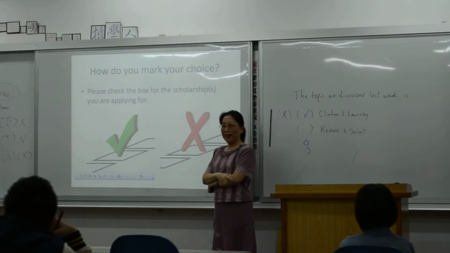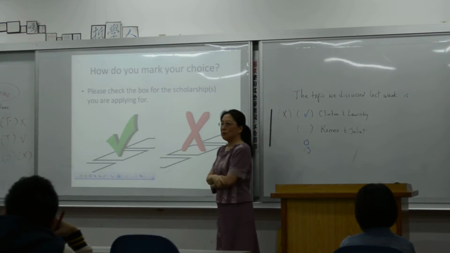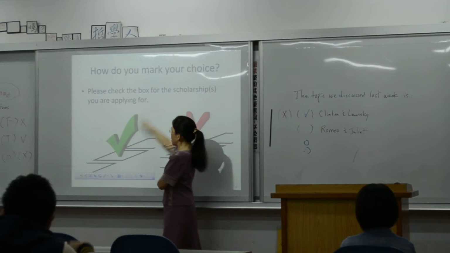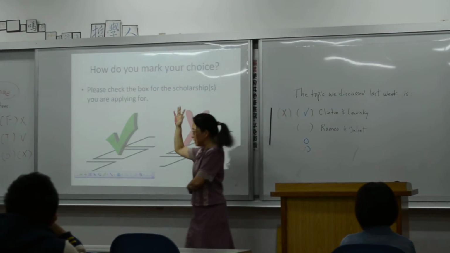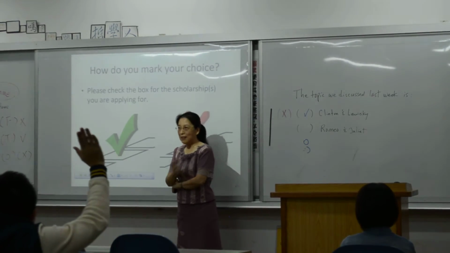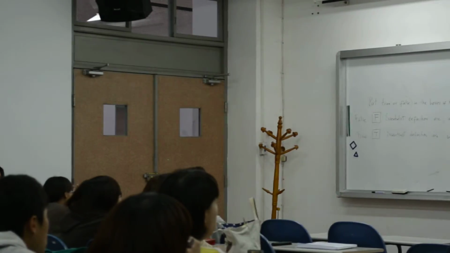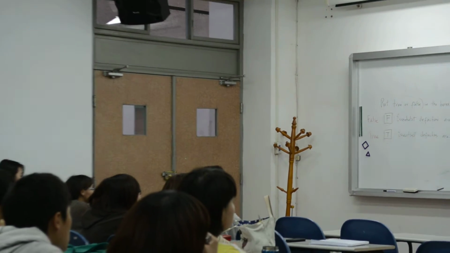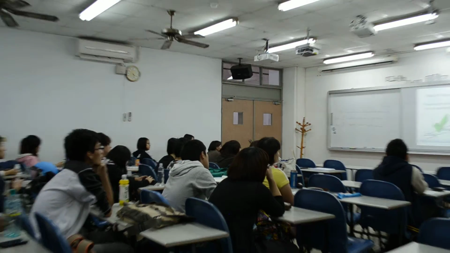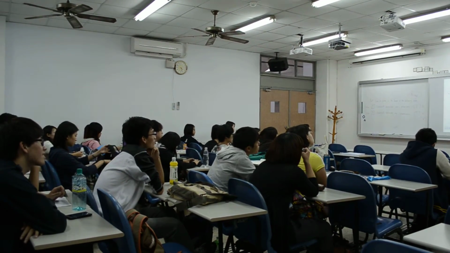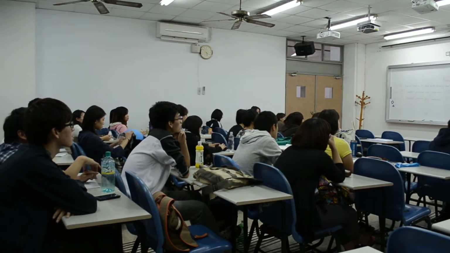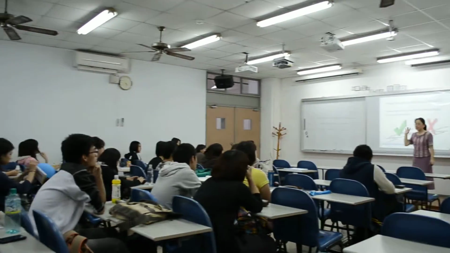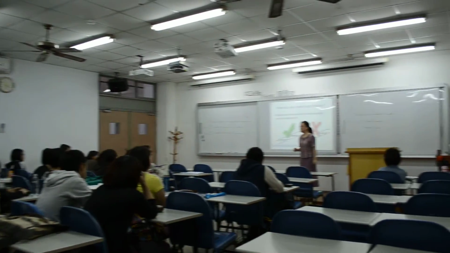Let me do a survey. Those of you who would check the appropriate scholarships you're applying for, please raise your hand. Okay, thank you. Those of you who will place an X next to or in the parentheses to indicate that's your choice, please raise your hand. Okay, actually, I did that about 50 years ago.